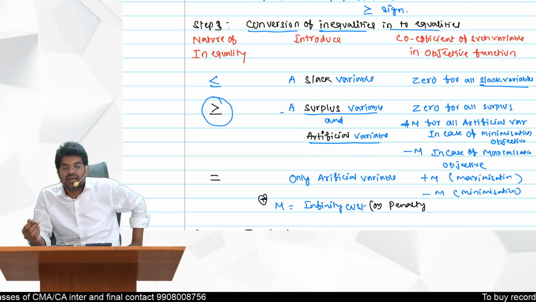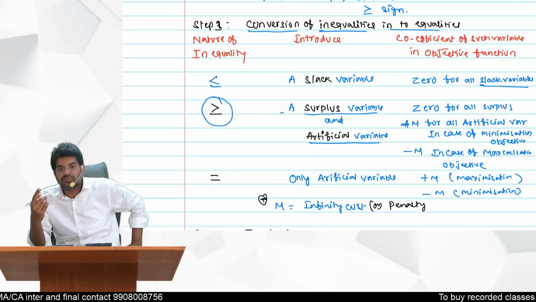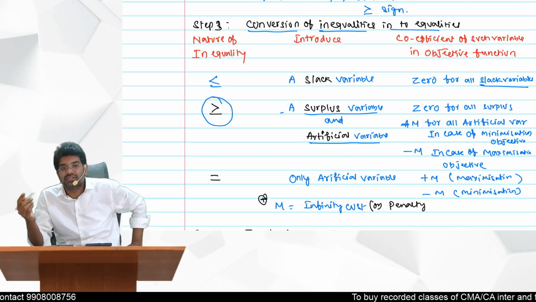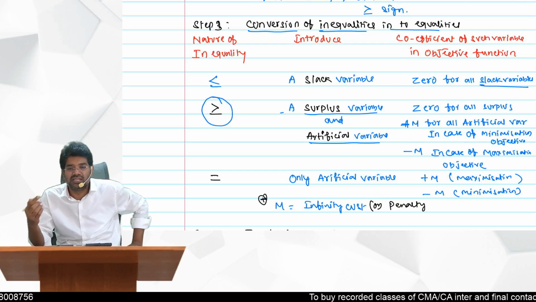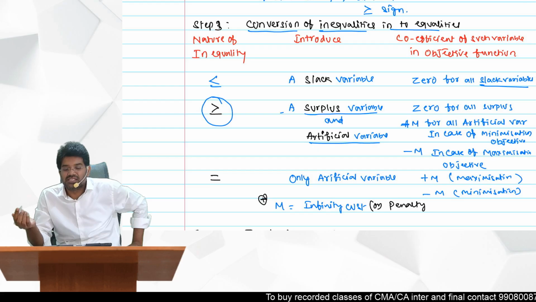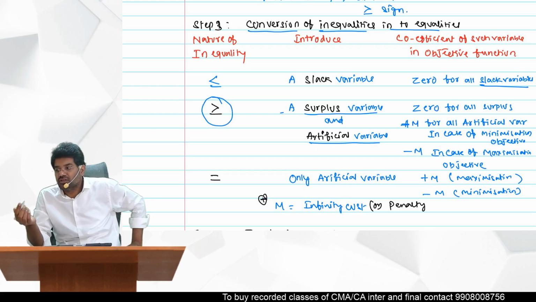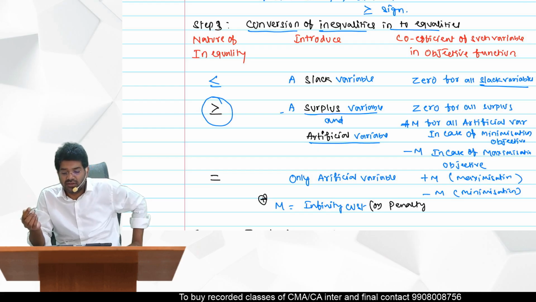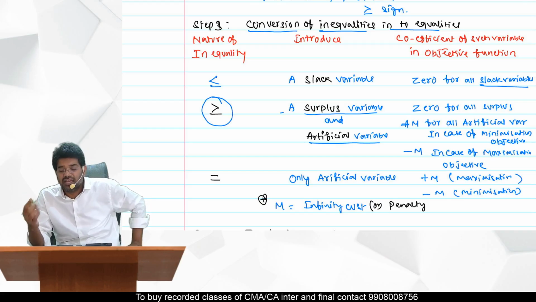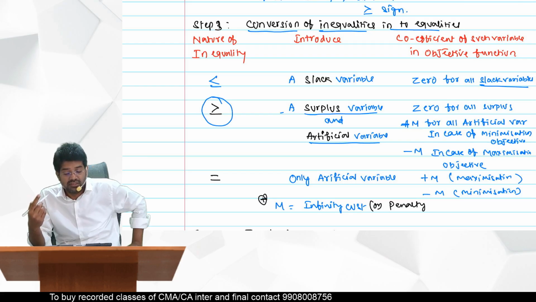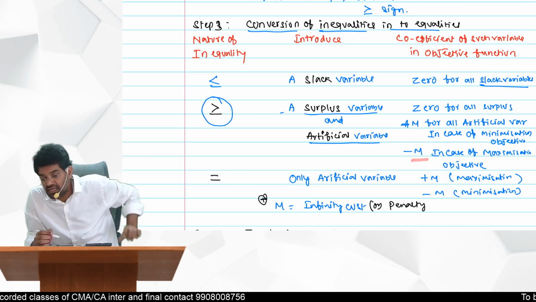The surplus variable will again have 0 in the objective function, but the artificial variable depends on whether it is maximization or minimization. An artificial variable represents a fictitious variable which has no quantity at all. It will take plus M in the objective function if it is minimization. If it is maximization, it is minus M.